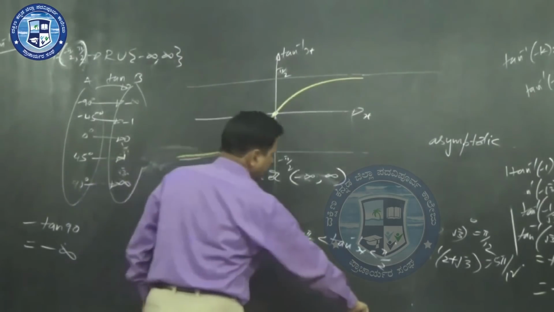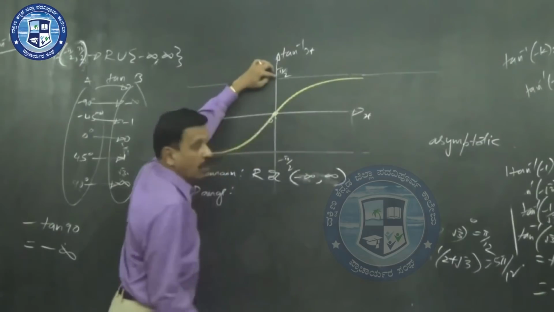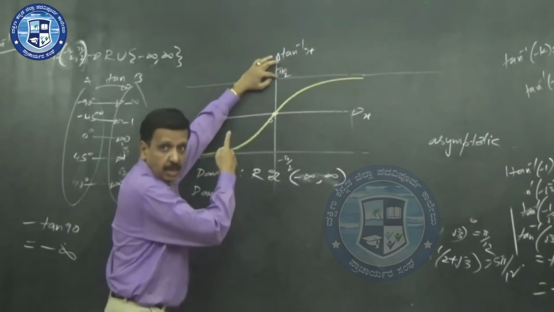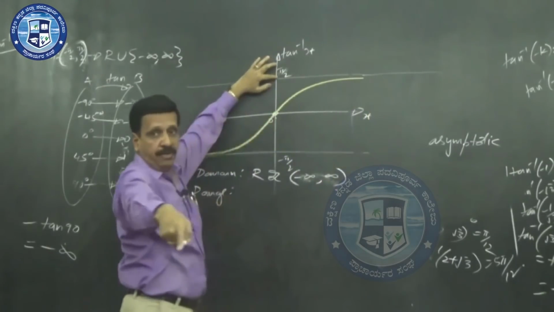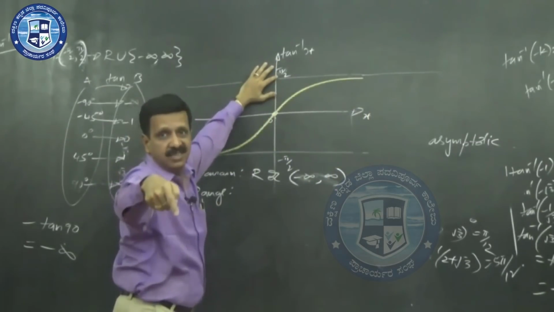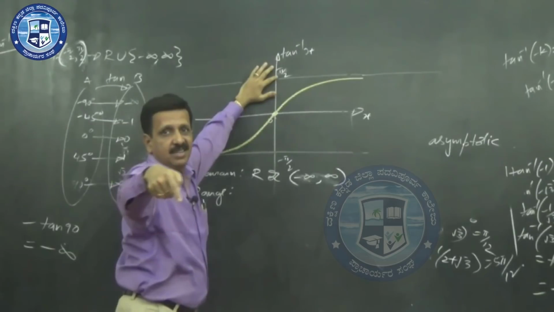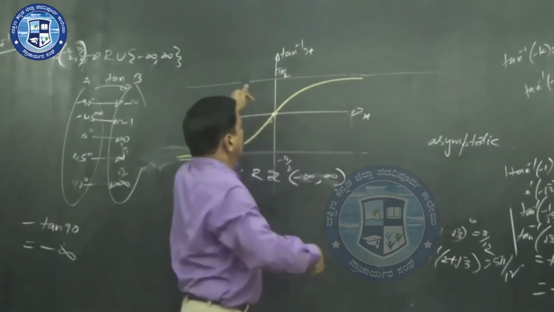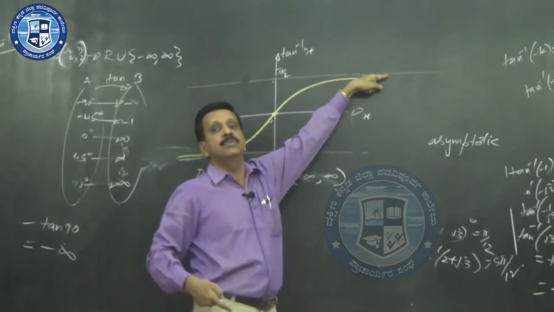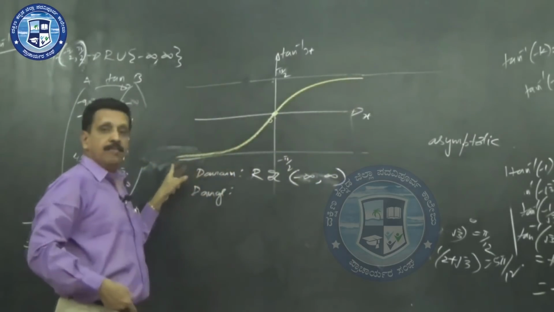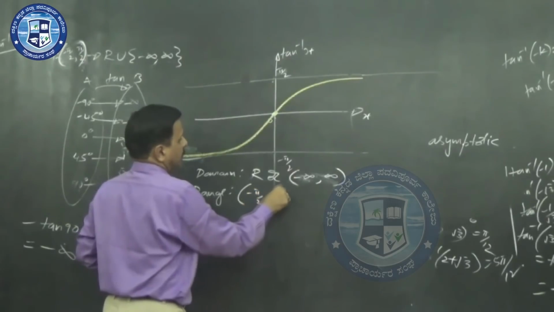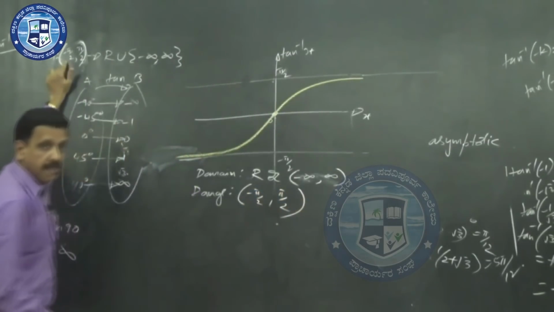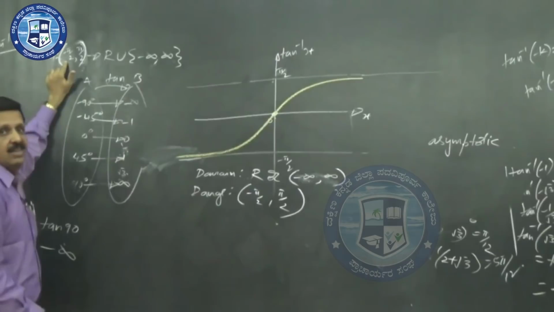You know tan inverse x can take any value, but it cannot take pi by 2. The graph says it cannot take pi by 2. It takes pi by 2 when x is infinity, but x cannot be infinity. Infinity means how much? So it cannot be minus pi by 2 either. So it's an open interval minus pi by 2 comma plus pi by 2. So what we have written is right at the beginning.